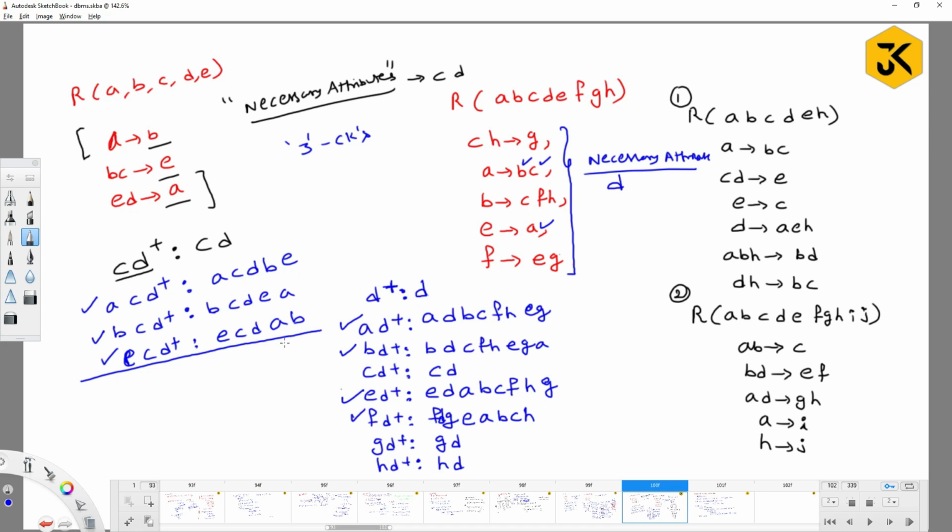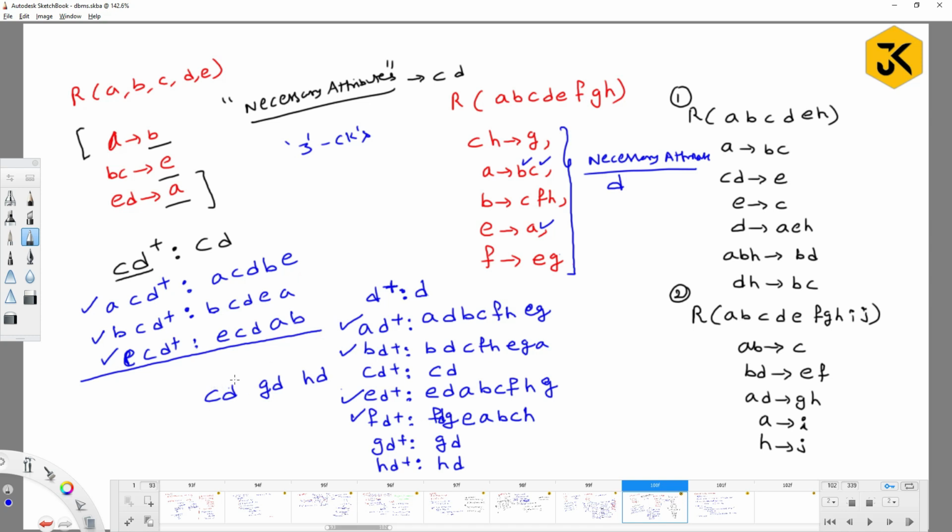You are going to get many, and out of those many, some of them are already supersets of the candidate keys. If you would like to write the candidate keys which are not supersets, CD is one which I haven't made a candidate key, GD is another, and HD is also one I haven't made a candidate key.